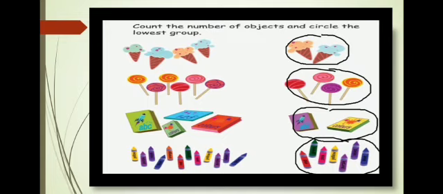Now, look at the second group. Tell me which group has less number of candies? Yes, the second group has less number of candies. Now, count the books from both the groups.